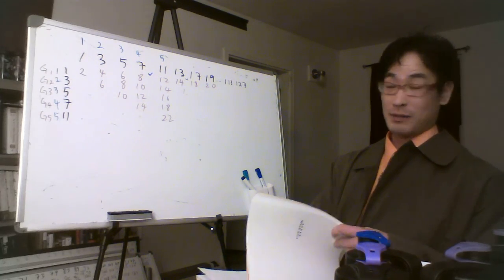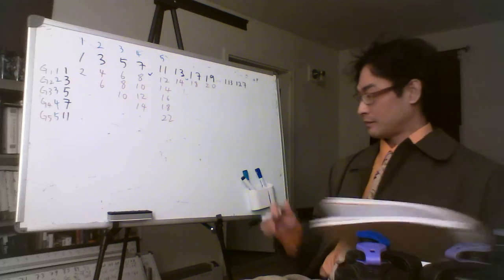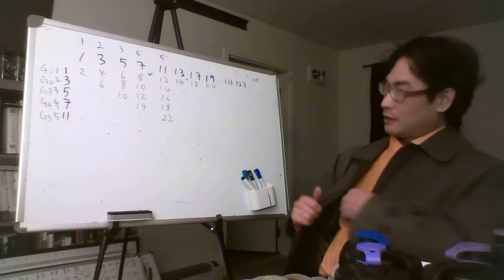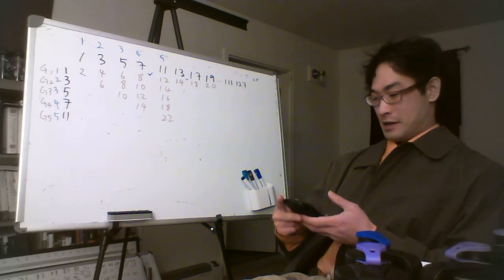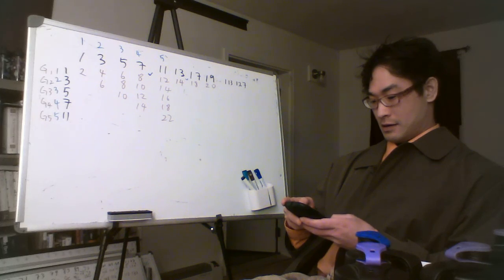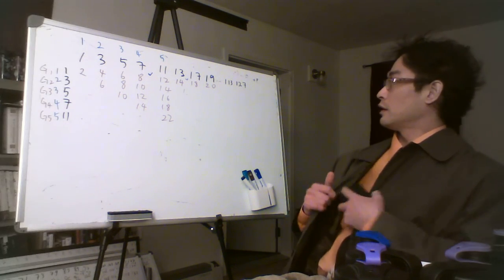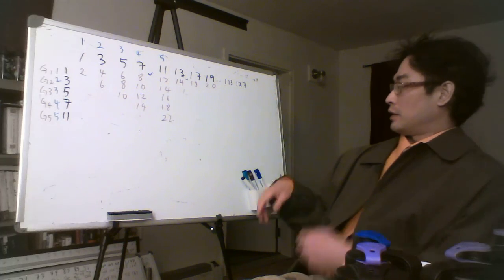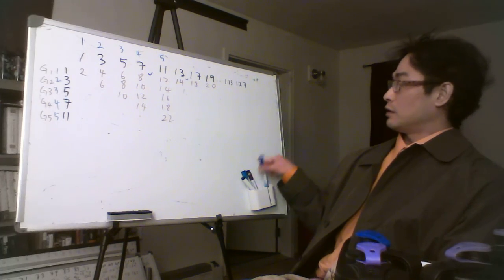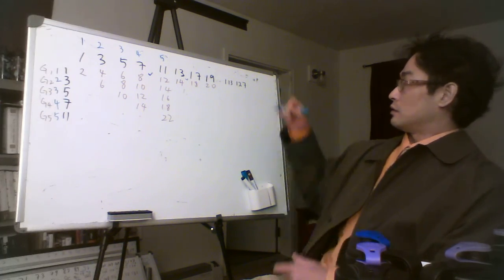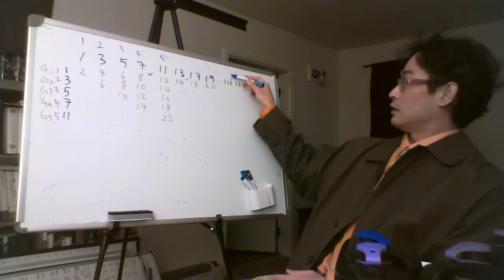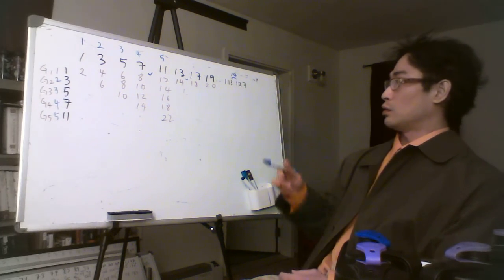Okay, that's the prime gap. Let me double check. Uh-huh. 113, 127. Okay. Adjacent primes, and the gap between them is 14. All right.